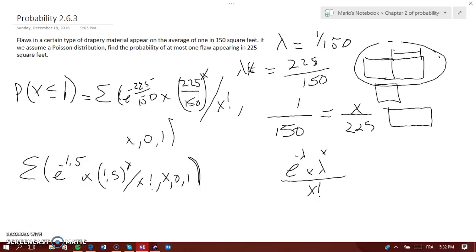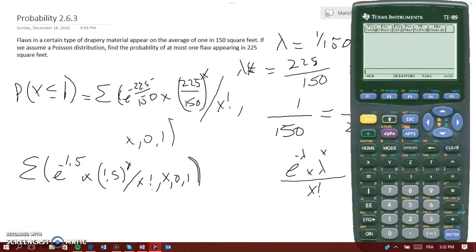And now let's use our calculator here. We would have to click on F3, number 4, and type the green button E, negative 1.5, close parentheses, times 1.5 to the power of x, divided by x factorial, second 5 7 1, and I forgot the x, comma x, comma 0, comma 1, and close parentheses, and type it in.